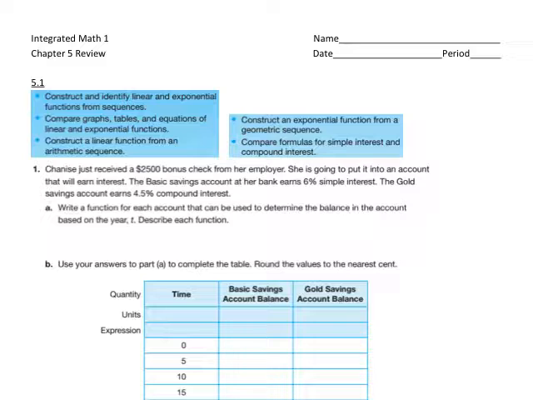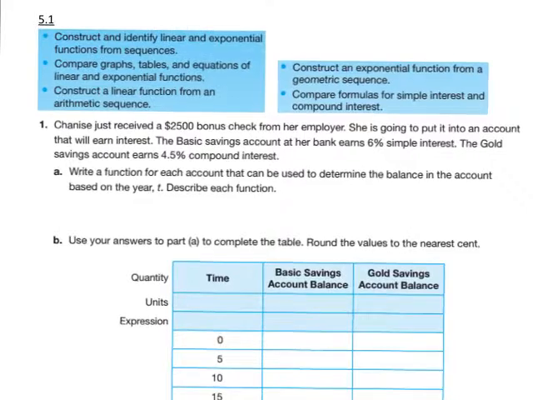I know we did some of this in class, but Chapter 5, Section 1, we're comparing linear versus exponential equations in terms of money. So the idea here is that Janice received a $2,500 bonus check from her employer. She wants to figure out whether she should put it in this savings account.